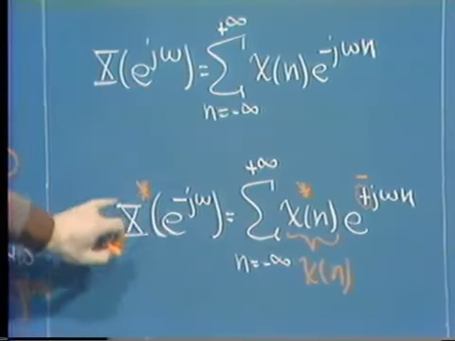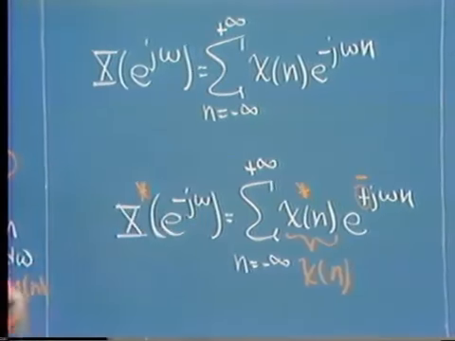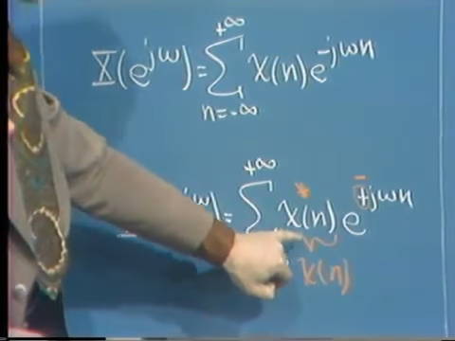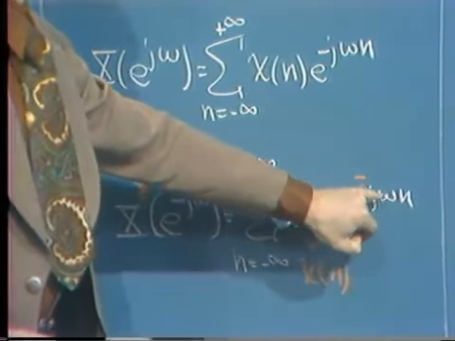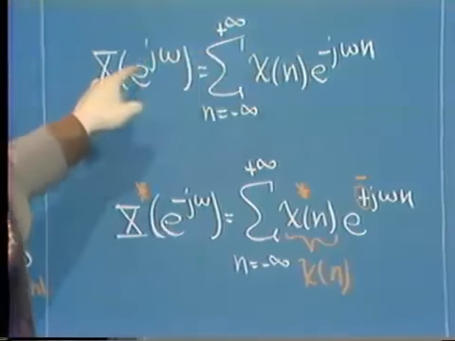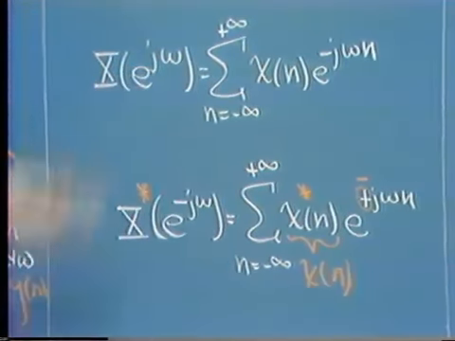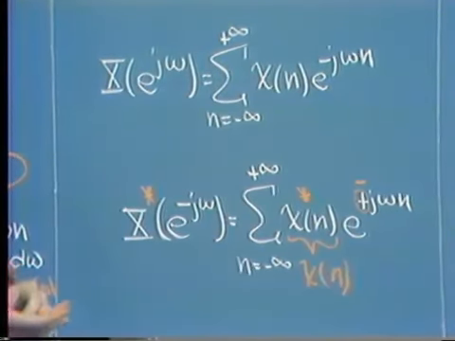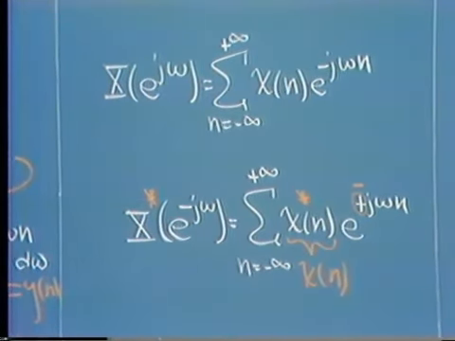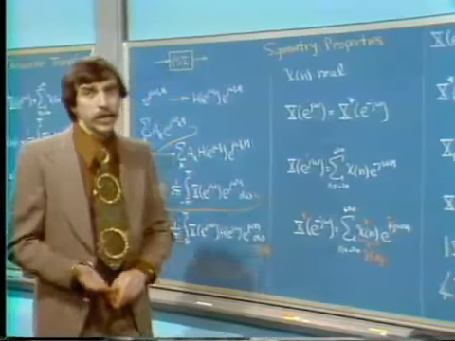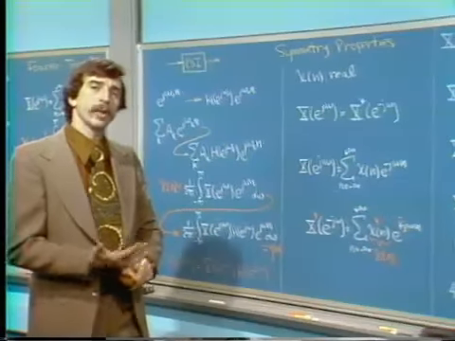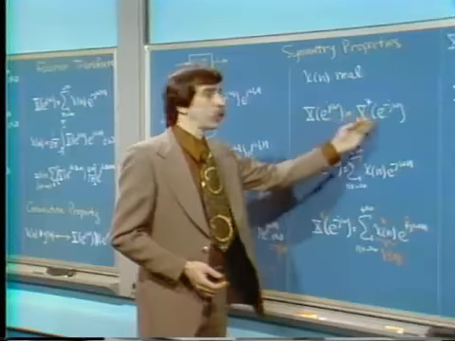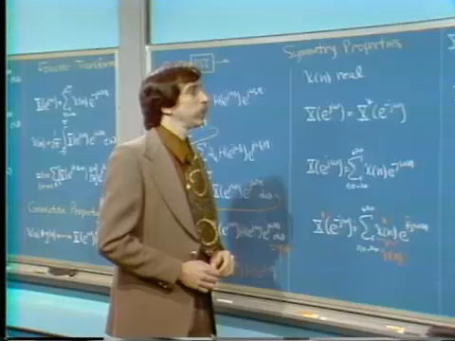And so we have that x conjugate of e to the minus j omega is the sum of x of n e to the minus j omega n, which is just what we have up here. So obviously then these two are equal. So for a real sequence, the Fourier transform is a conjugate symmetric function. This is what we'll call conjugate symmetric.